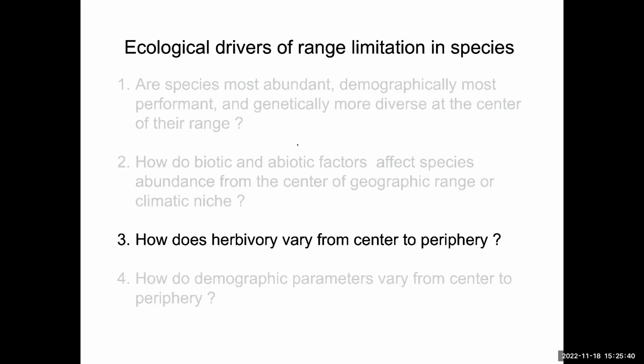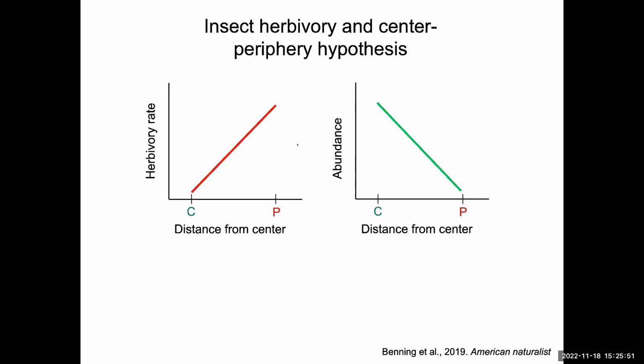So what about herbivory rate? What is the role of herbivory in driving species range? Previous studies show that a high herbivory rate at the periphery drives a decrease in species abundance from center to periphery.